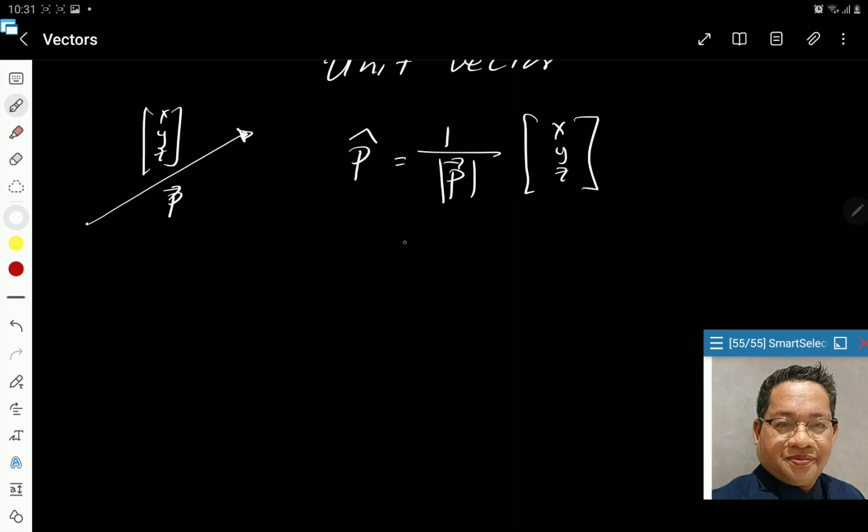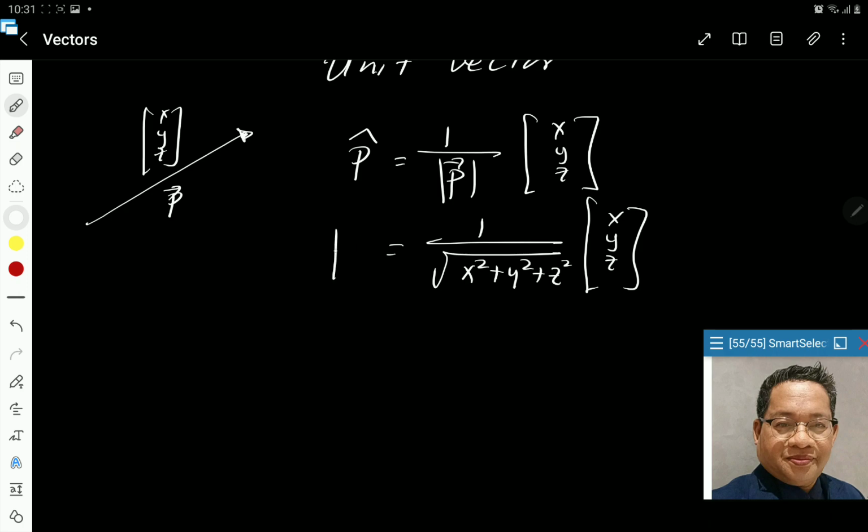But what is your length of p? Your length of p is the square root of x squared plus y squared plus z squared. So the unit vector is 1 over that square root times vector xyz.